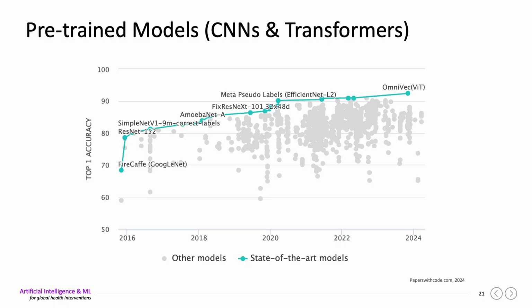The state-of-the-art trajectory climbs from SqueezeNet, a GoogLeNet variant near 68%, through ResNet 152 and SimpleNet V1, up through AmoebaNet A, FixResNeXt 101, and Meta Pseudo Labels with EfficientNet L2, and finally reaches OmniVec, a vision transformer, at above 92% by 2024. The key point is that the current best performers are transformer-based, illustrating how ViTs and their descendants now lead the accuracy frontier that convolutional networks once dominated.